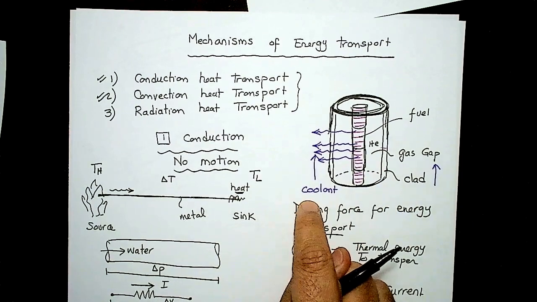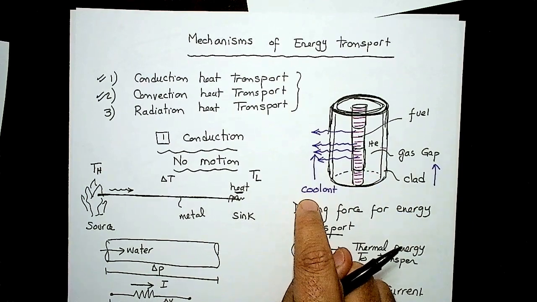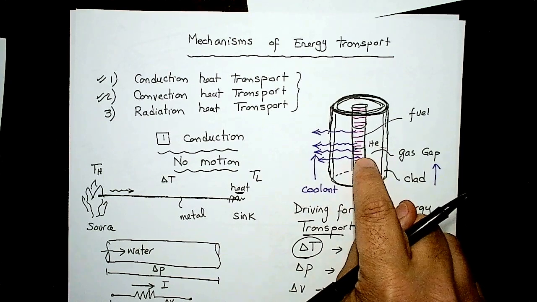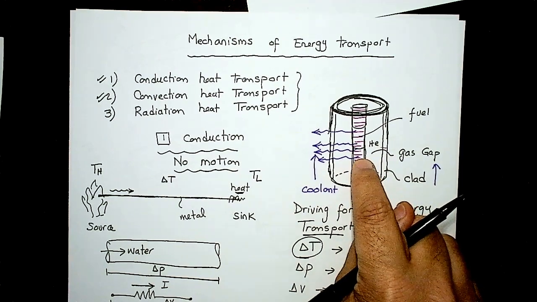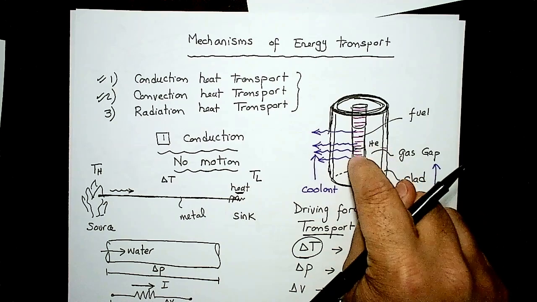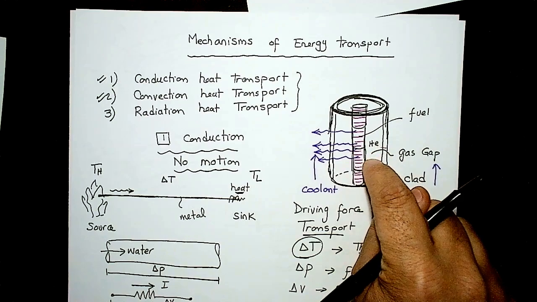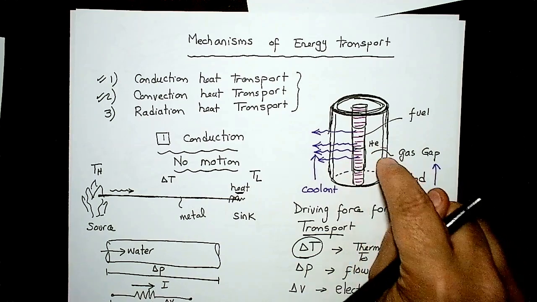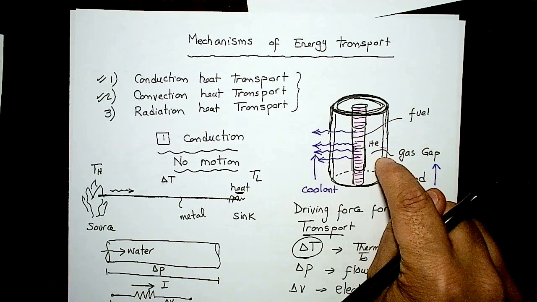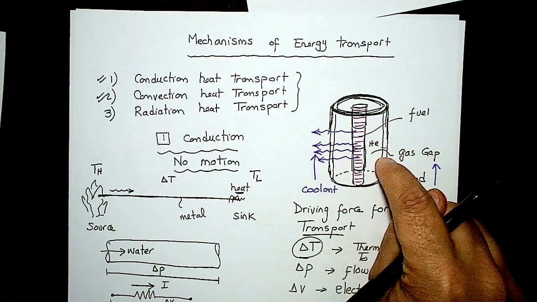When I look at the coolant outside, it is in motion, which means that convection exists outside here. What about the mechanism for the fuel pellets themselves? Correct, it's conduction, it's a solid. So I have conduction in the fuel pellets, followed by conduction in the helium gas gap, followed by conduction in the thickness of the clad material. These are all either solids or stationary liquids or gases.